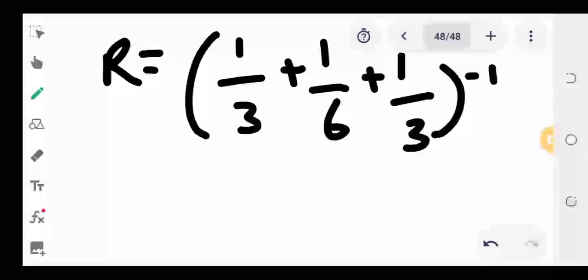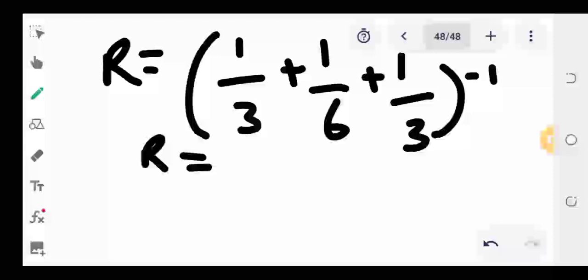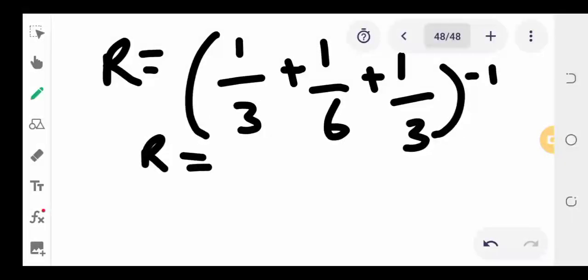So all this inverse. I'm getting R is equal to 1.2. So this is equal to 1.2 ohms.